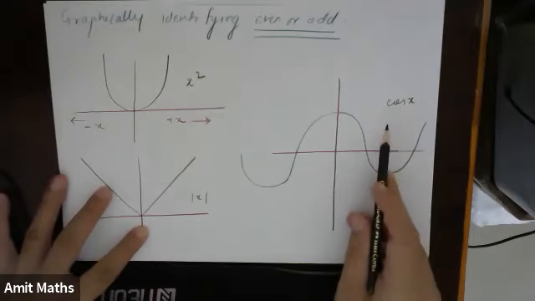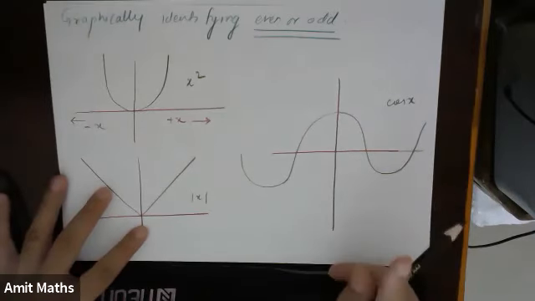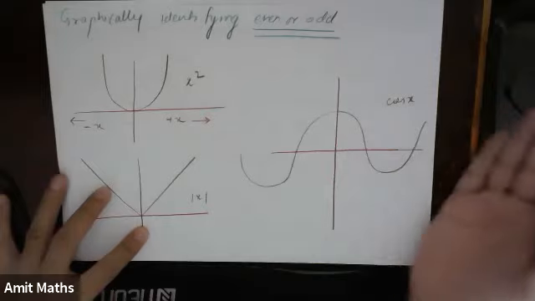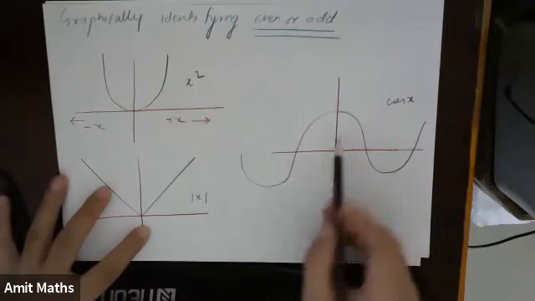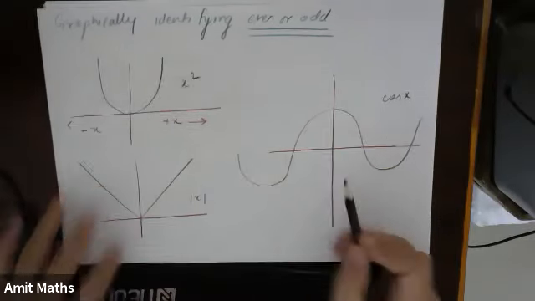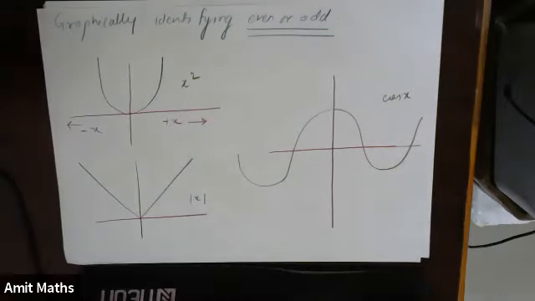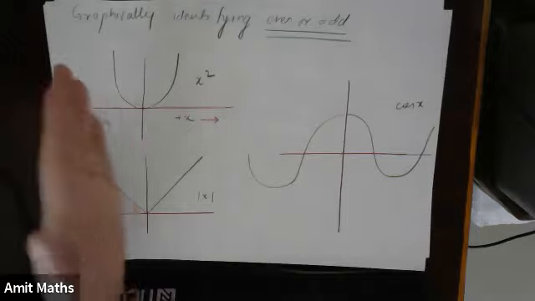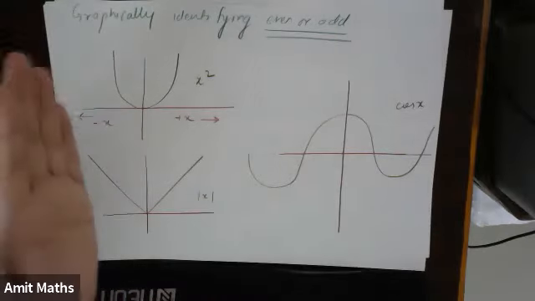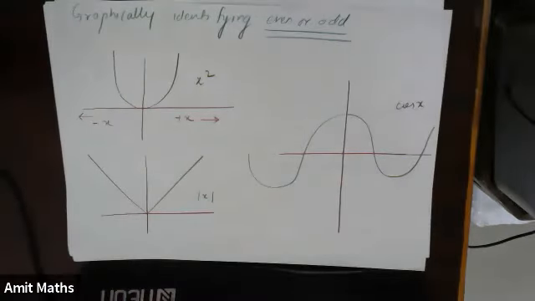Cos of x is also an even function. Whatever is on the right side is on the left side. So it is not necessary for an even function to pass through origin. Just look at these three graphs. I hope you understood what I am trying to say, when the graph is even, it is symmetric about the y-axis.